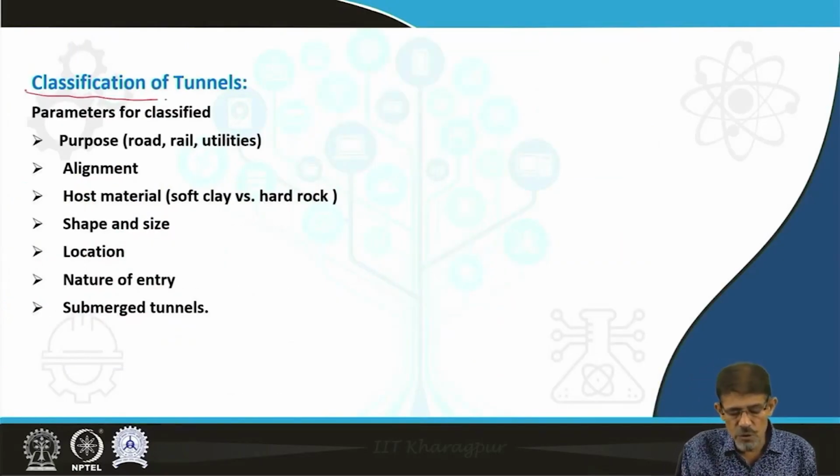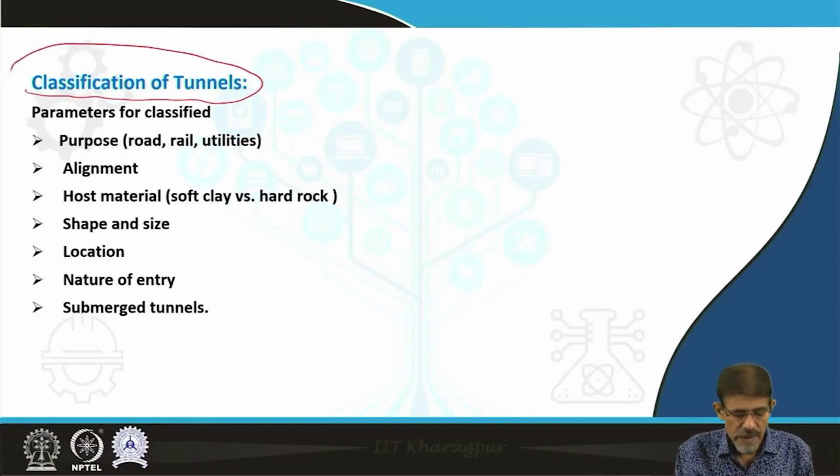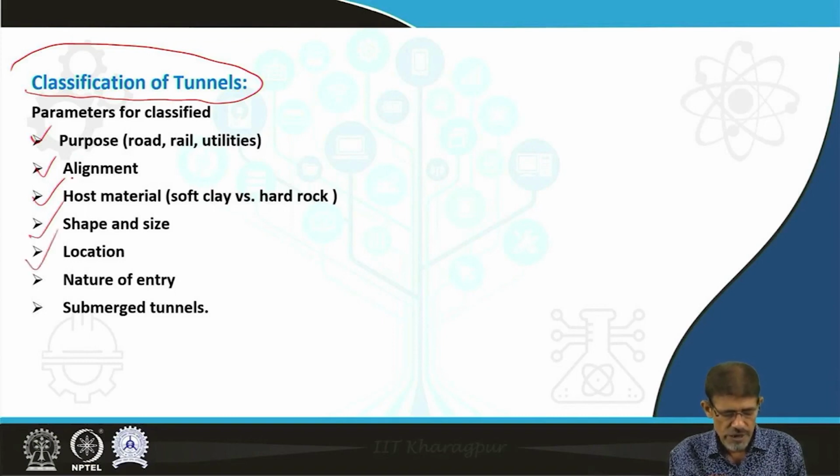If we are going to categorize tunnels, the parameters utilized for characterization or grouping of tunnels are, first, purpose; second, alignment; third, host material; shape and size; location; nature of entry; and conditions belonging to the location, such as submerged tunnel, and shallow level or deep level.